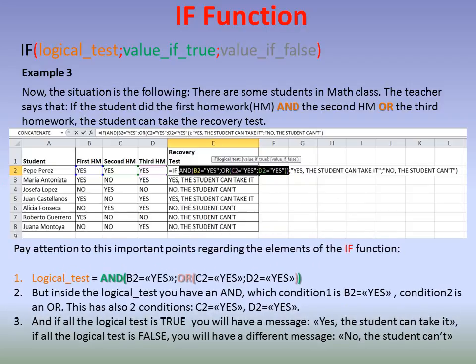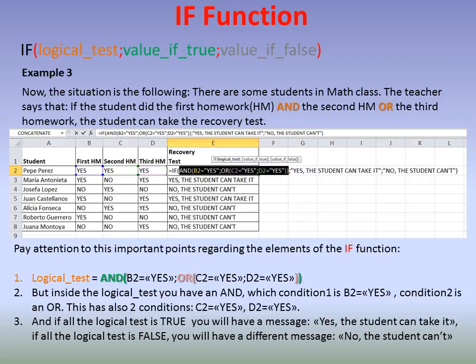Therefore, if you see the formula, according to the problem, you see that the logical test of the IF is an AND function. In the AND, you have two conditions. The first one is that you do the first homework. It means that B2 be equal to yes. The second condition of the AND is an OR function.